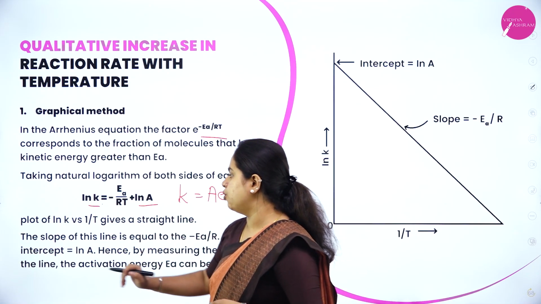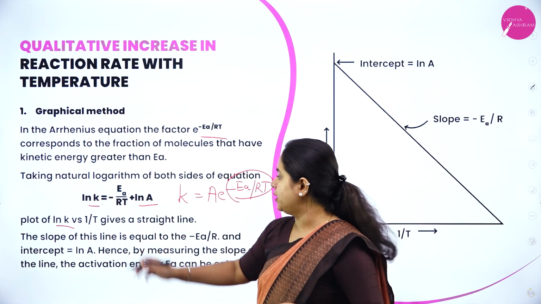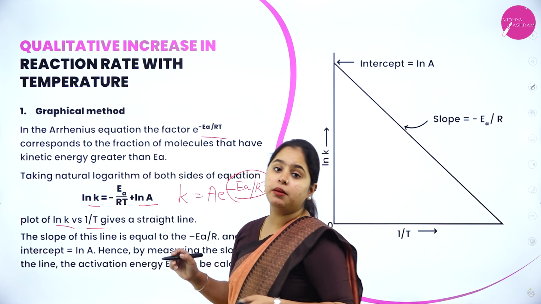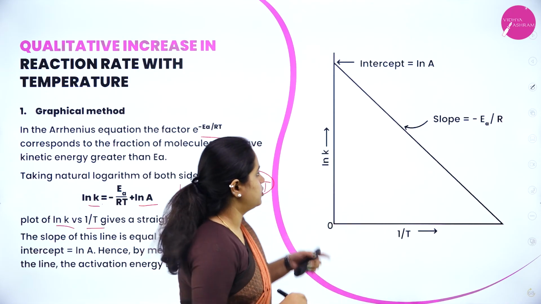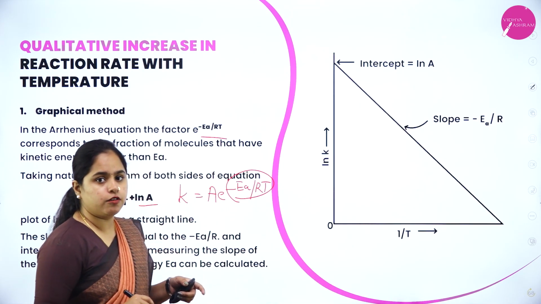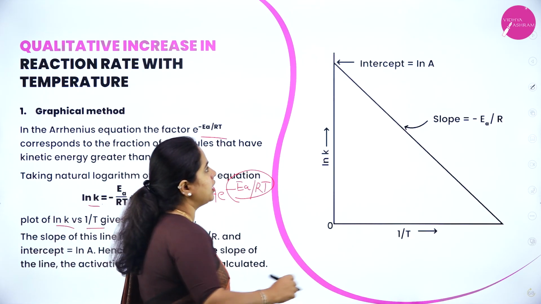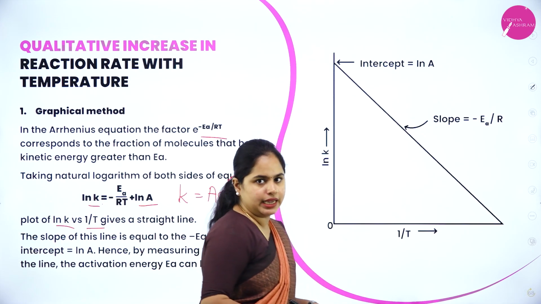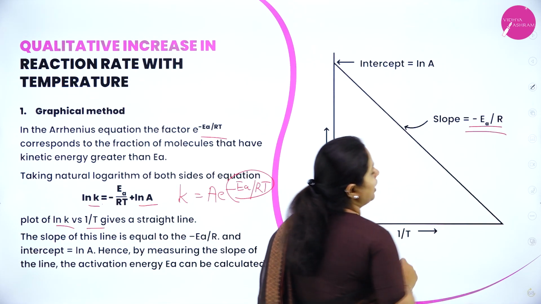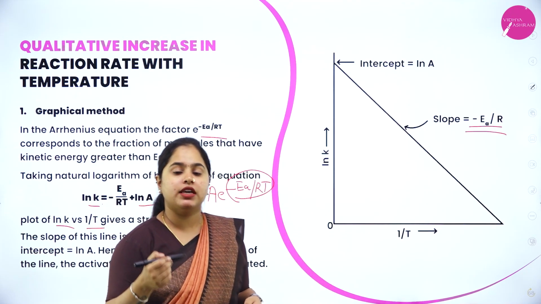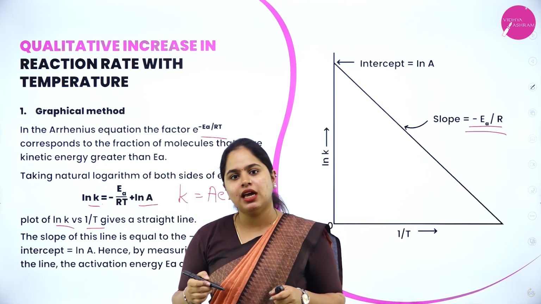Now what we are going to do is plot a graph between ln k versus 1 by T, and it will give a straight line. The slope will be minus Ea by R, so from the slope we can calculate the activation energy.